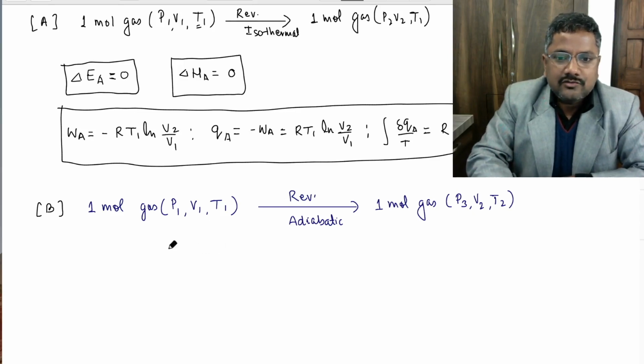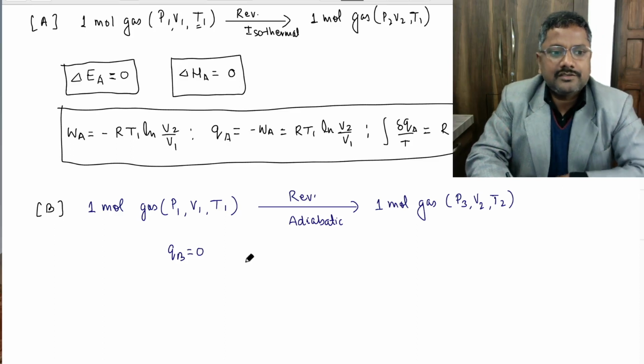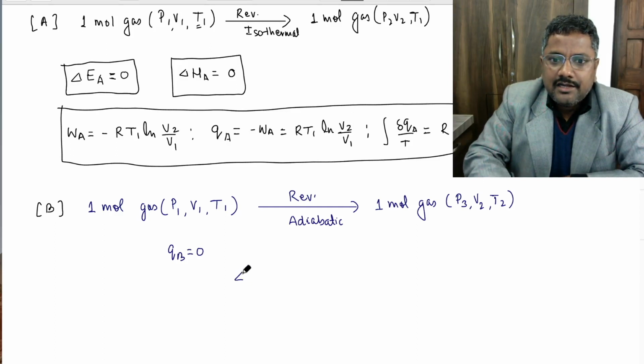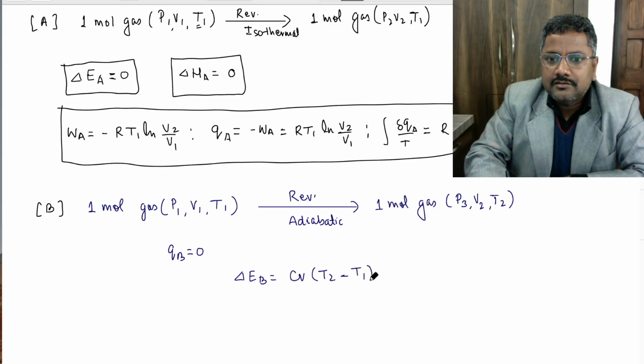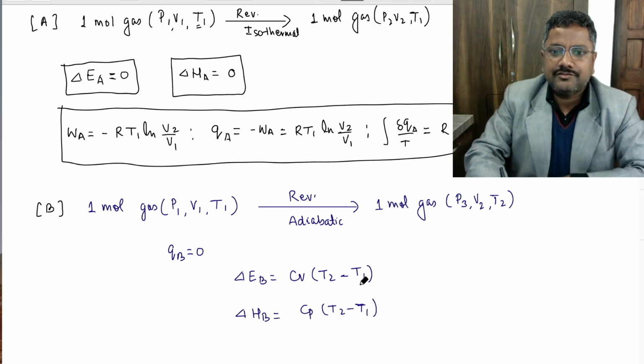So QB is equal to 0. And delta EB is equal to CV (T2 minus T1), and delta HB is equal to CP (T2 minus T1).